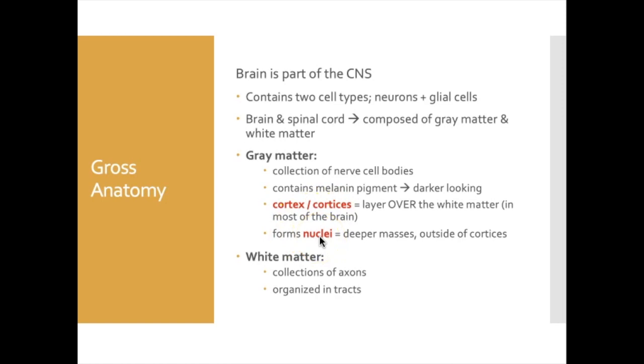So remember, all of the parts that we've discussed, the thalamus, the hypothalamus, the midbrain, the pons, the medulla oblongata, the cerebellum, all of those structures are composed of nervous tissue and contain both gray matter and white matter. So all of those structures have to be included in where gray matter is located.